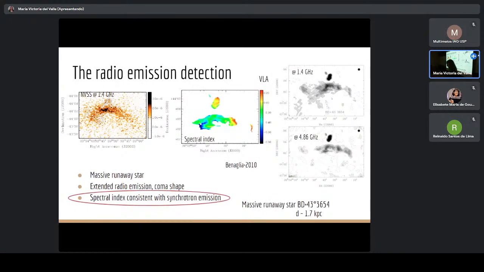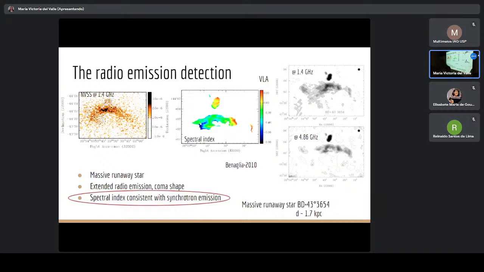So what is the deal with this? All this non-thermal or synchrotron thing of these systems started with the detection of radio emission from the bow shock of a very well-known massive runaway star with an observed bow shock in the infrared. Here, these are radio contours that are almost invisible, but believe me, the shape of this radio emission is this coma shape, and this color map is showing the structure in the infrared.